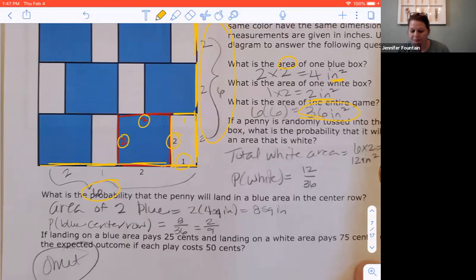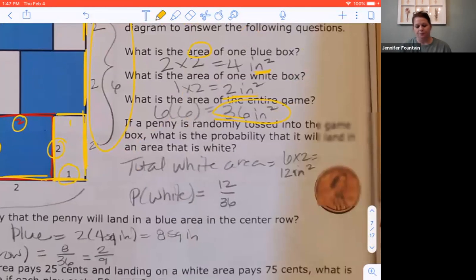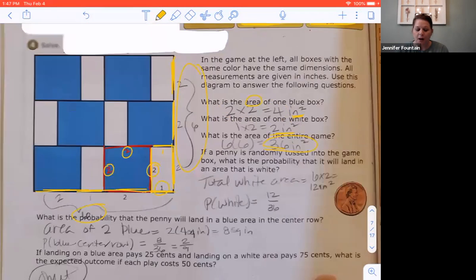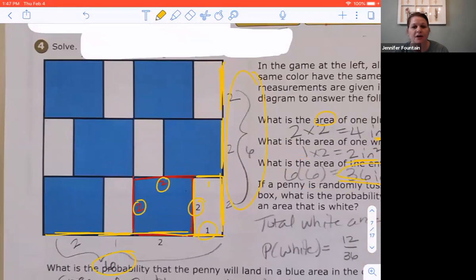Okay. Now they're asking us a probability question. It says if a penny is randomly tossed into the game box, what is the probability that it will land in an area that is white? So remember, when I'm doing probability, the first thing I've got to do is look at how many total possible options I have. Okay. And so think about if one of my white boxes counts as 2 of my blue boxes, right?